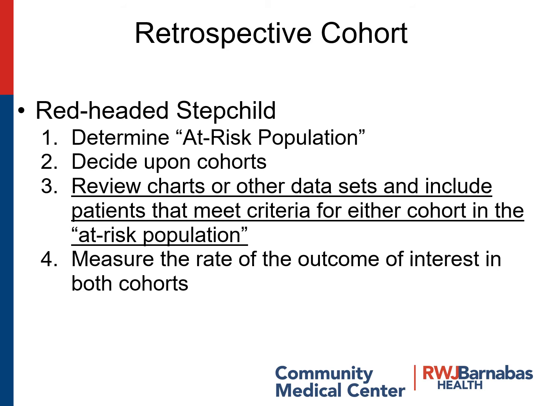And then once again, you measure the rate of the outcome of interest in both cohorts. Remember, in a case control study, the outcome is the fixed point, and then you're going backwards to see what the exposure rate was in each group. So just take a moment, kind of firm that up in your head.